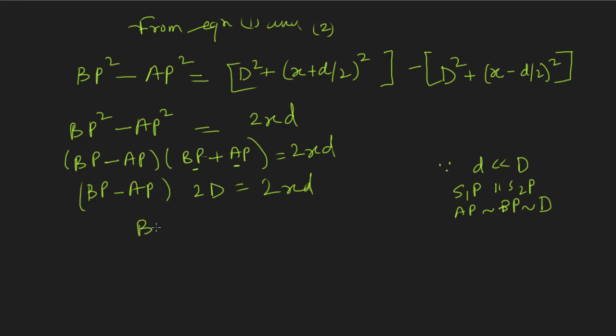And from here I will get BP minus AP is equal to xd by D. What is this? This is my path difference, BP minus AP.